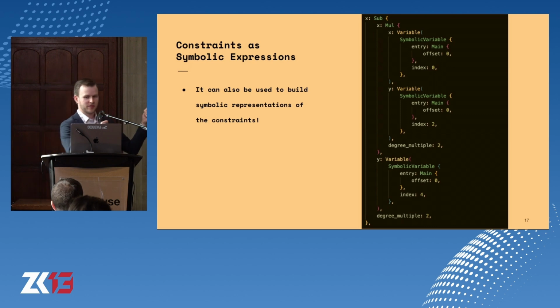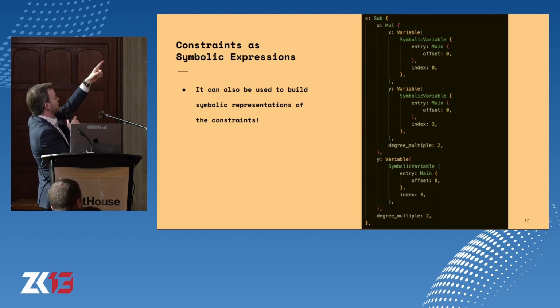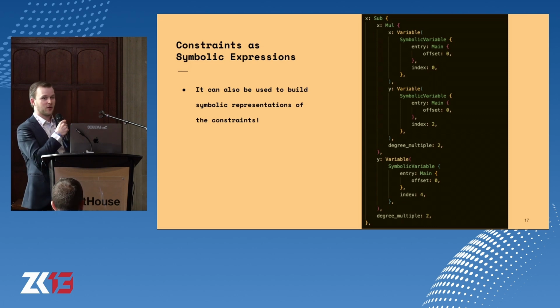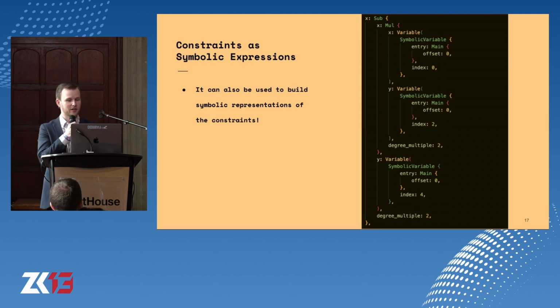So just going over what this is actually talking about here, we've got one variable at the top, which is an entry from a main trace table at index 0. We've got a second variable, which is an entry from the same trace table at index 2. We've got a third variable that's at index 4, and we're multiplying the first two and subtracting the third one.